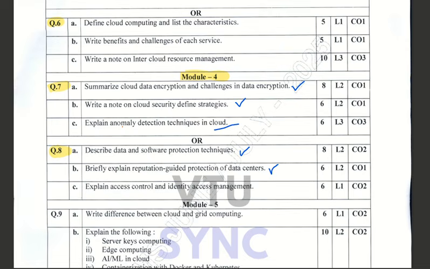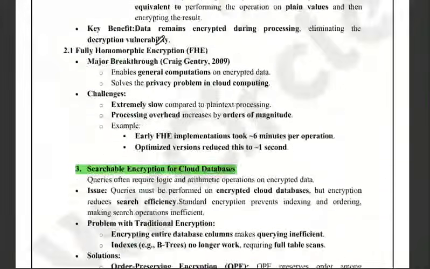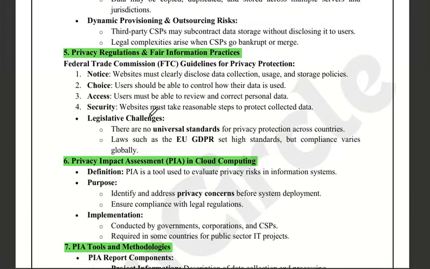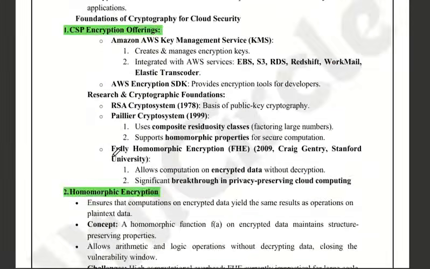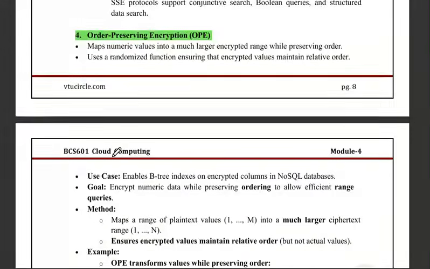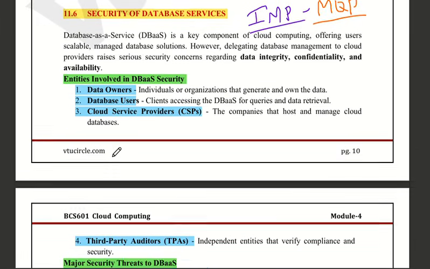So the challenges of cloud data encryption are performance issues, search optimization, privacy-preserving computations, and regulatory compliance. These are the challenges we are facing in cloud data encryption. Cloud data encryption points are highlighted here, and the challenges are also mentioned. So refer to this PDF, you will understand.